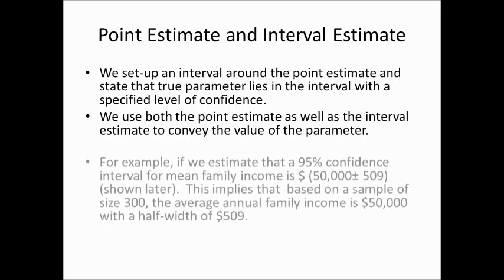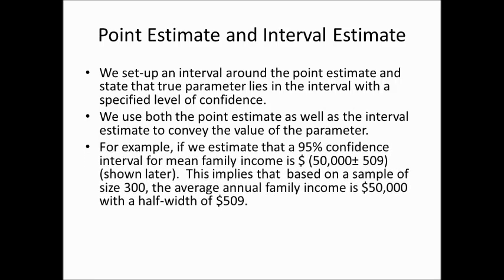For example, if you estimate that a 95% confidence interval for mean family income is 50,000 plus minus 509, we'll show the computation later. This implies that based on a sample of 300 families, the average family income is $50,000 with a half width of $509.